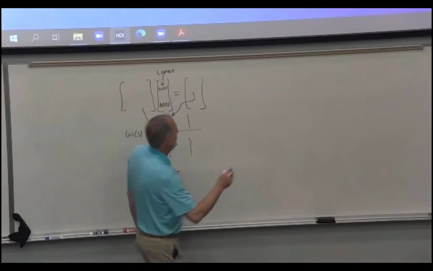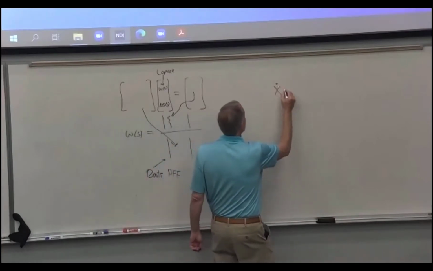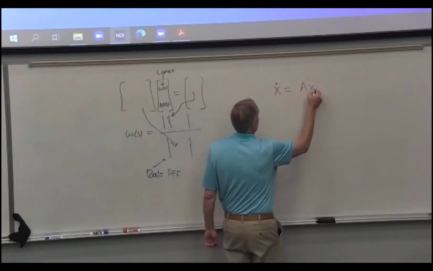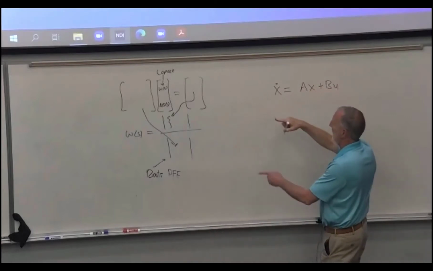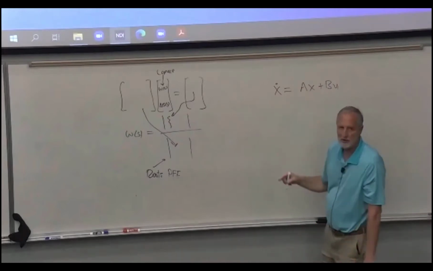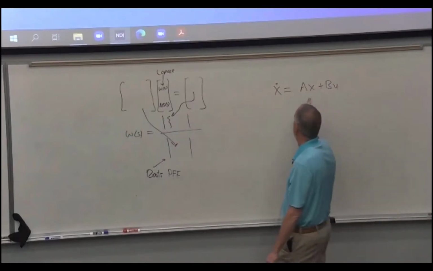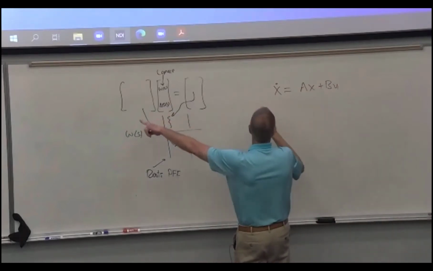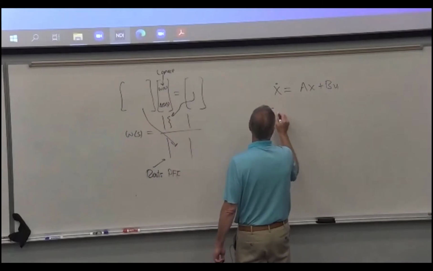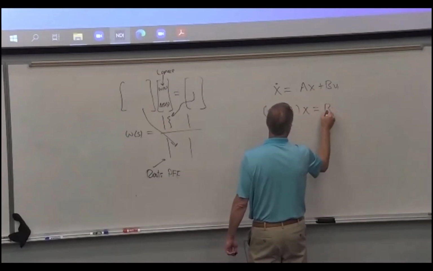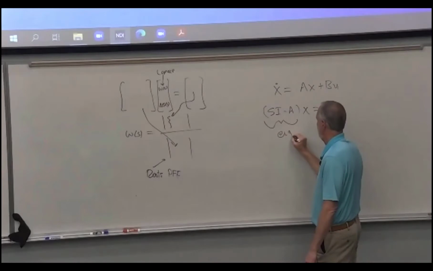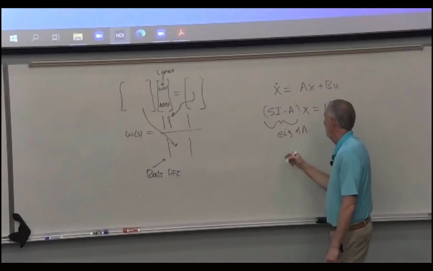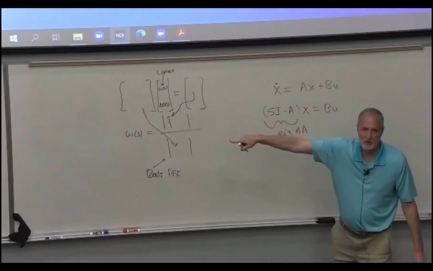Whereas if it's in state space form, maybe this is too long of an answer, I hope not, it's in a different form. That's already Laplaced and both sides put on the other side. If you Laplace this and put it in this form, you get sI minus A times X. And so that's why this is the eigenvalues of A, which are the same thing as the roots you'd get.